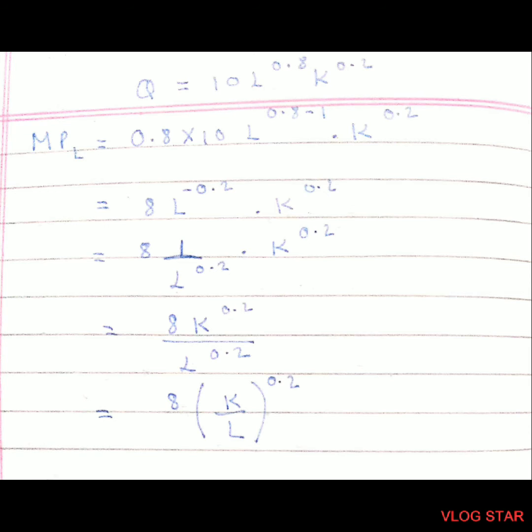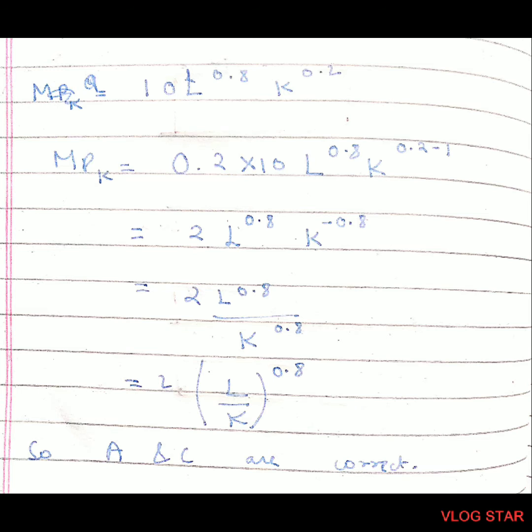Now in the same manner, we'll find MPK. Again, since we have to find MPK, we will do the derivative with respect to K. So L remains constant here. Now applying the power rule, power comes forward and is subtracted by 1. So it can be written as 0.2 multiplied by 10, L to the power 0.8, K to the power 0.2 minus 1.